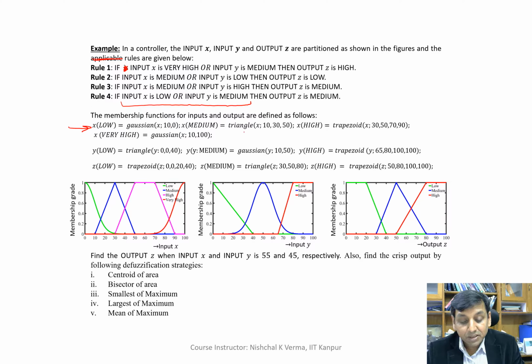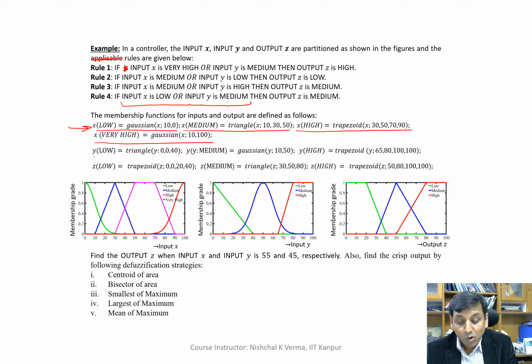Similarly, X medium is a triangular membership function. Then X high is a trapezoidal membership function, and X very high is a Gaussian membership function.